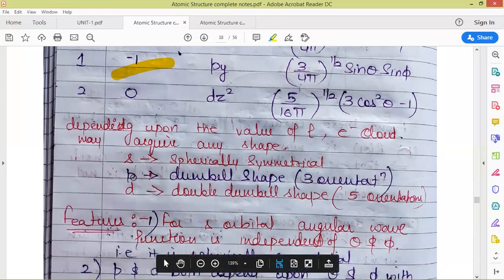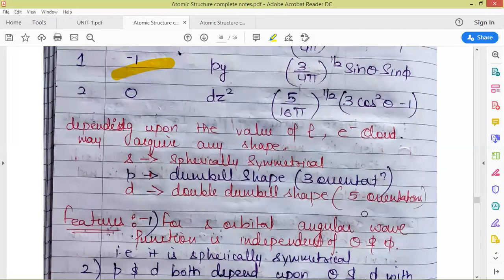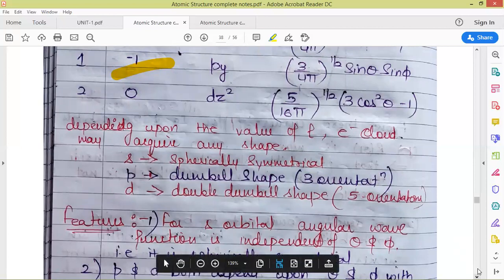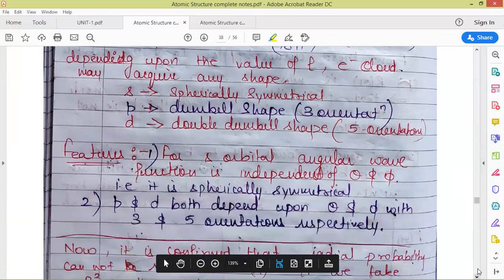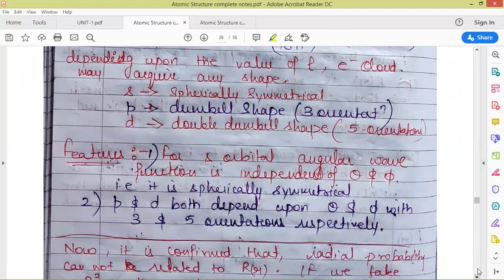The shape of the p orbital comes out to be a dumbbell shape, with three possible orientations in space based upon the three values of m. The d orbital has a double dumbbell shape and five possible orientations. The f orbitals have a complicated shape and seven possible orientations in space.